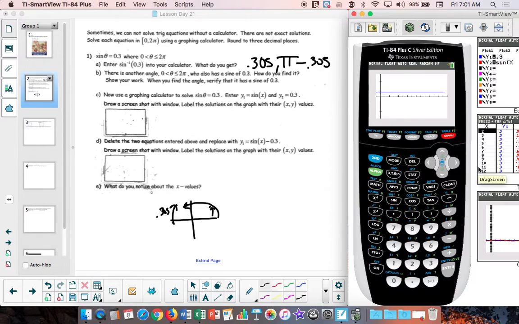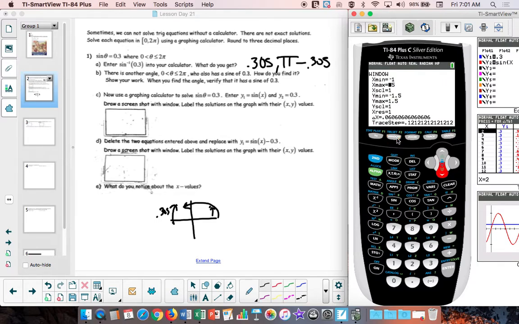Alright, so issue number 1 is fixed, but as you can see, we're about to hit more than just our 2 solutions that we had. So either make a mental note, or you can change it in your calculator, but remember you're only giving solutions between 0 and 2 pi. So if you want, you can just change your window to show 0 to 2 pi.